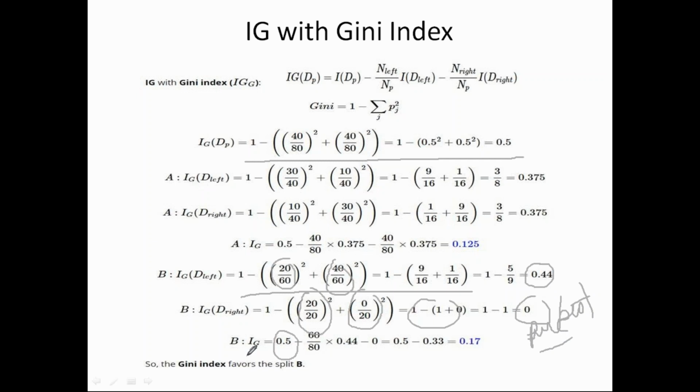And now when you calculate the overall information gain of B, you will find that 0.5 minus this one and minus 0, the pure node. So when you subtract this, it will come out to be 0.17, and it was 0.12. So which one is greater? This one. So the Gini index favors the split with B attribute, B feature.